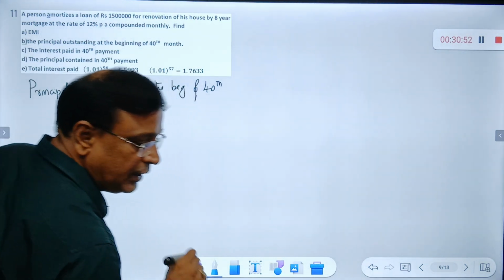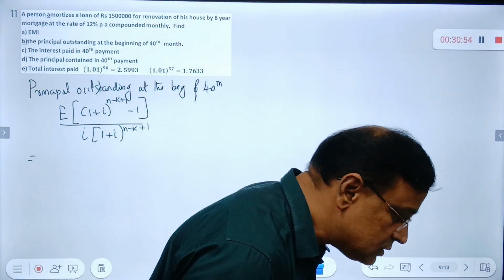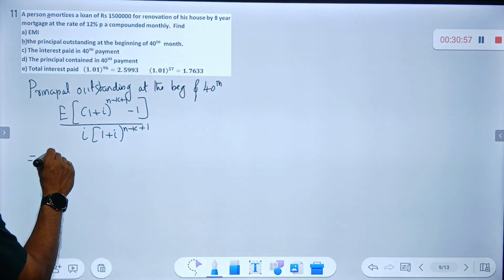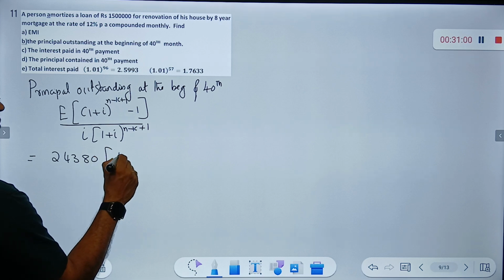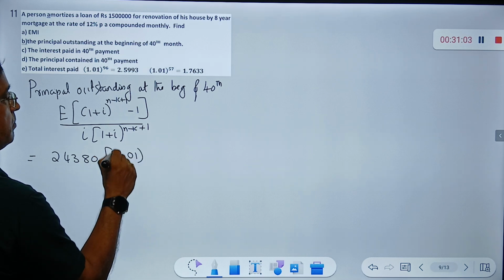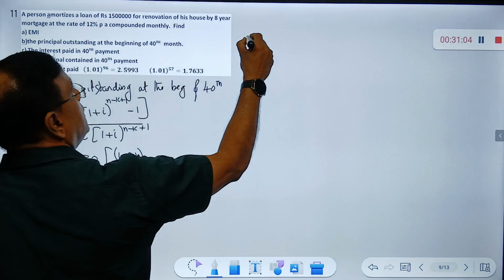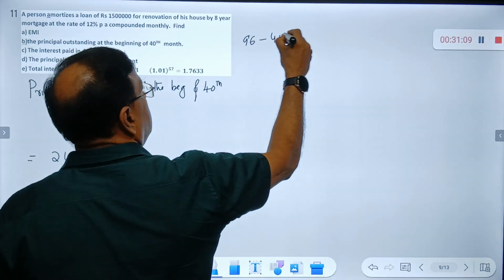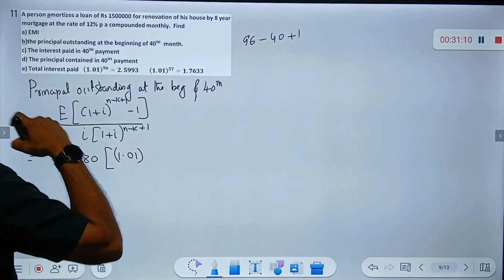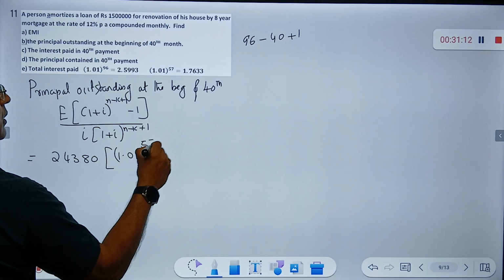I already calculated it, that is 24380 into 1.01 whole to the power of n is 96 minus 40 plus 1. That will be 57. Correct?